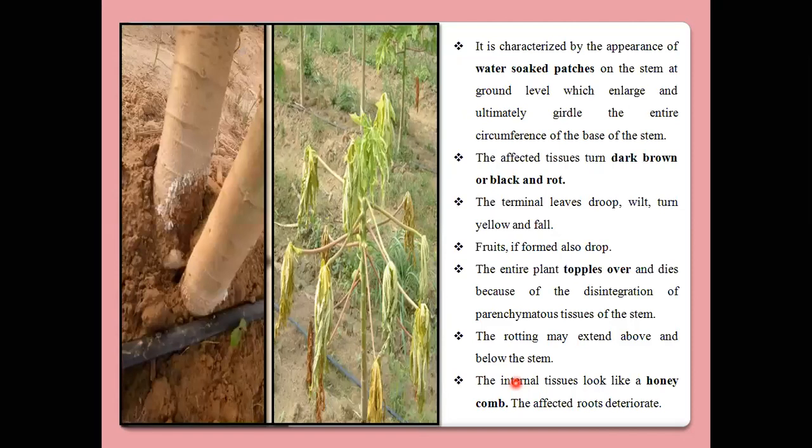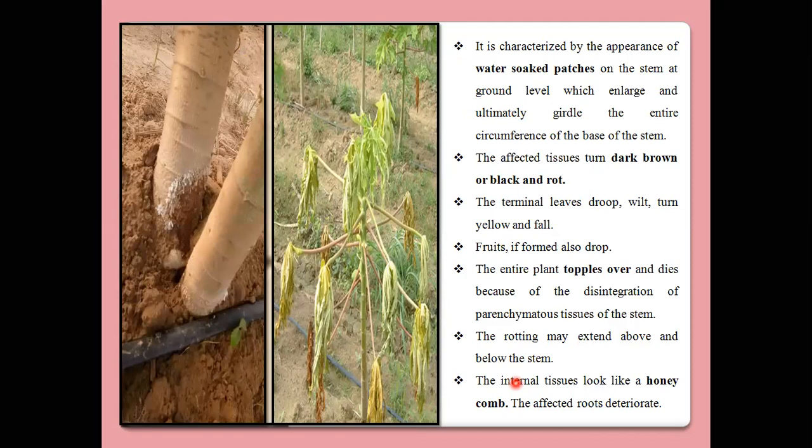Then the second symptom, that is post-emergence rot, during the development of the seedlings or on mature papaya plants.